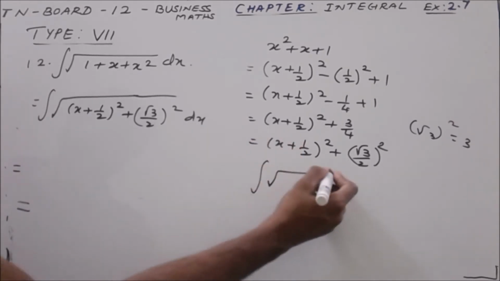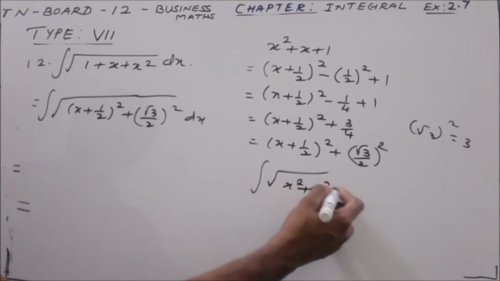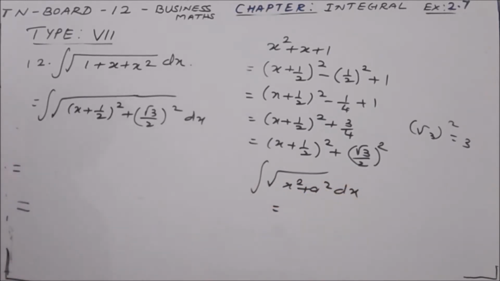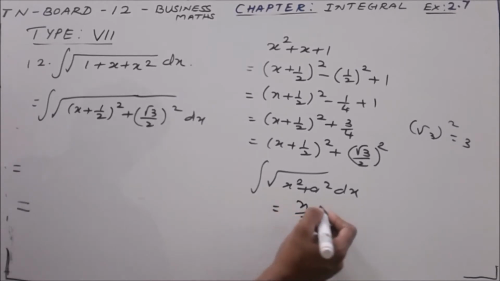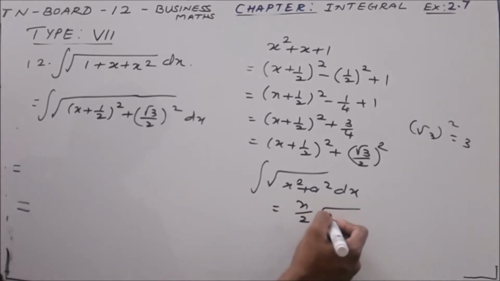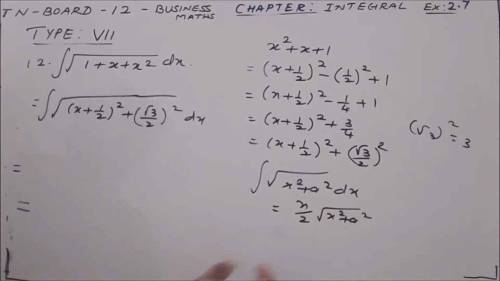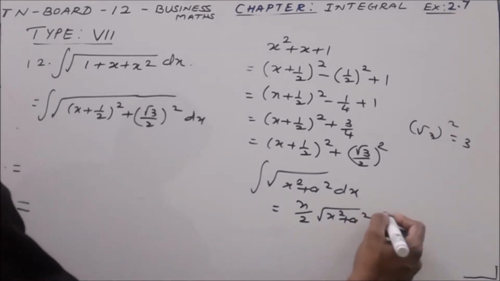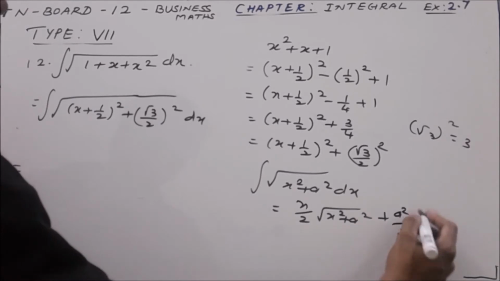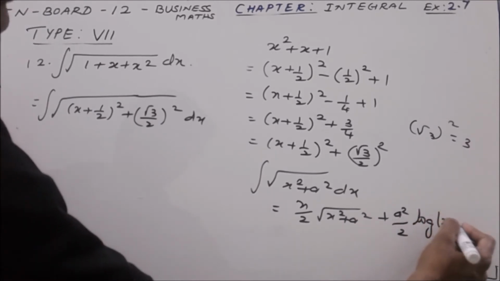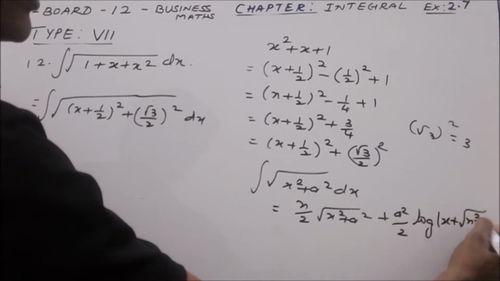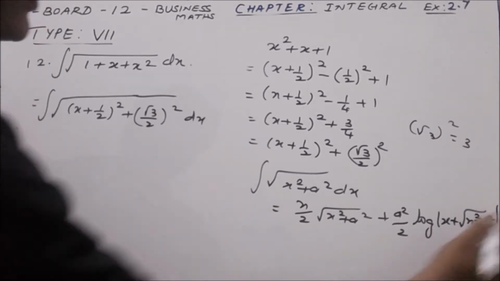Integral of root of x square plus a square dx equals, here we have the formula, x by 2 root of x square plus a square plus a square by 2 log of modulus of x plus root of x square plus a square plus c.